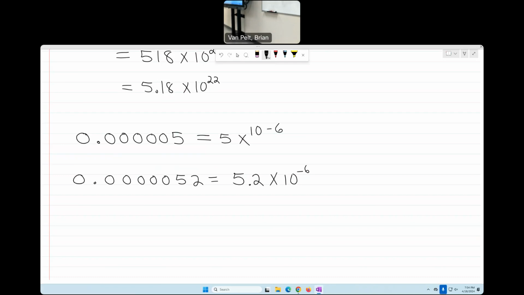But notice the exponent now. It's negative. If you were to do this by hand, you would have to drop that 10 to the 6 below, so it's like dividing by a million, 5.2 over 10 to the 6. That's an indication of how tiny this number is. A number divided by a million is very tiny.